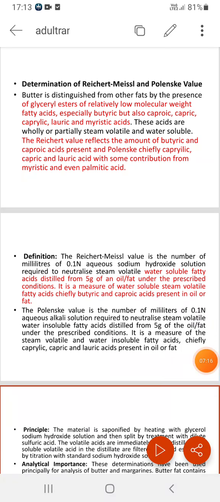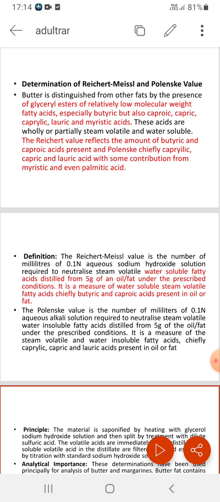So as we know that butyric acid is present in butter only, the Reichert-Meissl value is used for determining the butter, because Reichert-Meissl value indicates the amount of butyric acid present, and butyric acid is present only in butter.